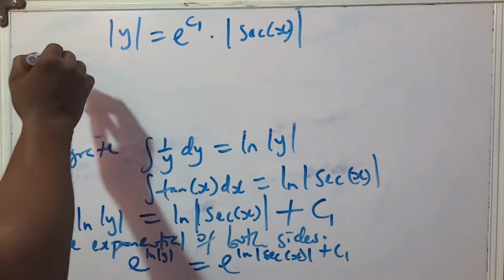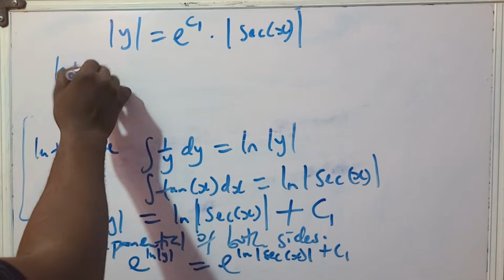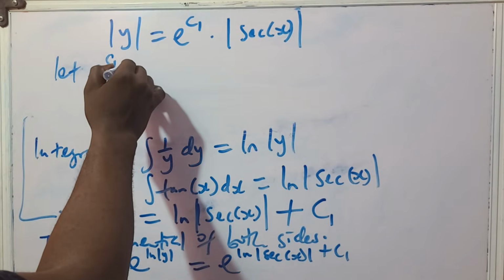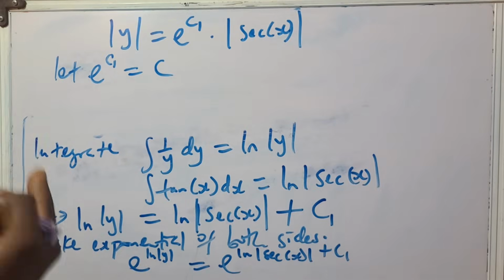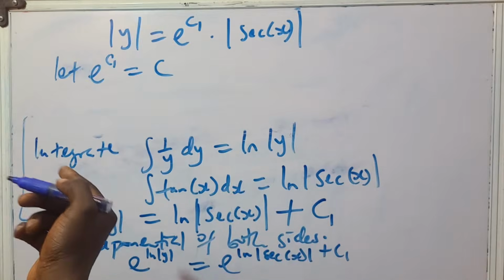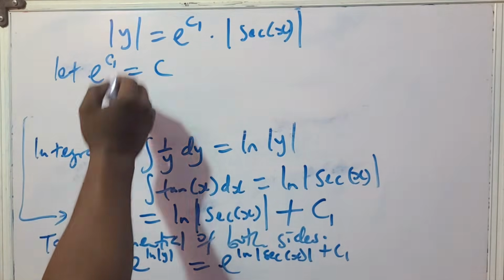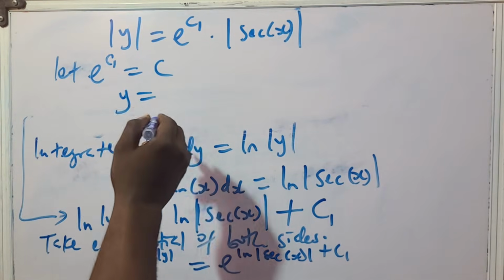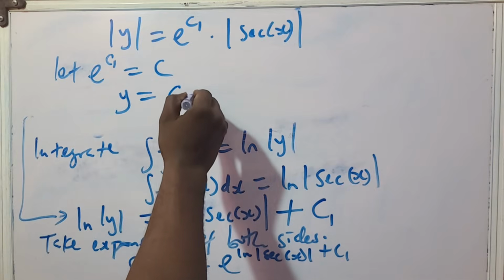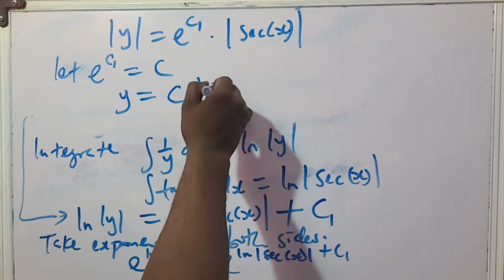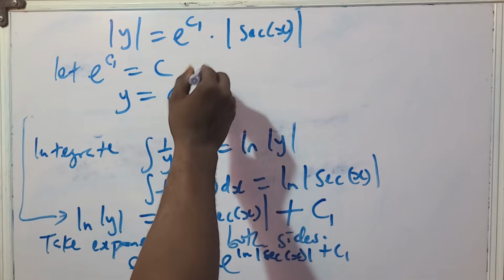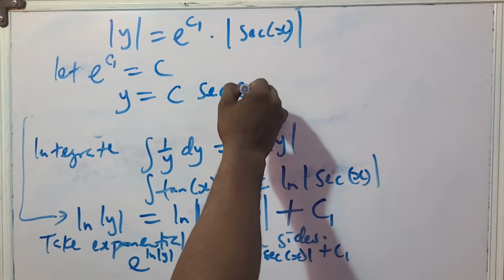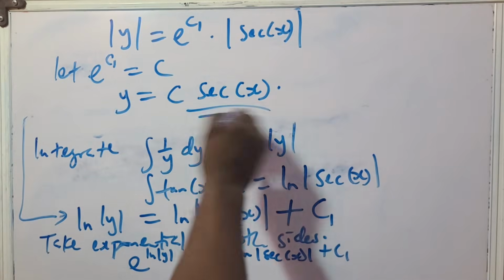So we take e raised to power c1 to be a constant value. You may use a different letter, but I'm naming mine c. By doing this, you'll arrive at y equals c multiplied by sec x. You will no longer be having the modulus; that's one of the things this does. So c sec x is your final answer.